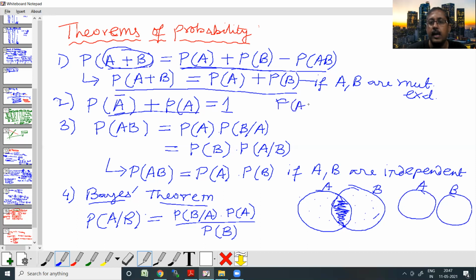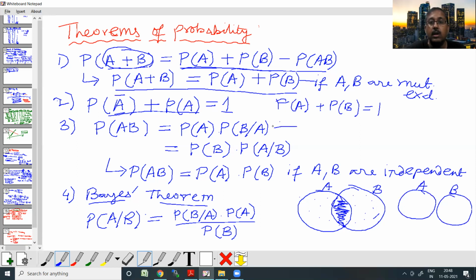P of A plus P of B is equal to 1 when A and B are mutually exclusive as well as exhaustive. So when A and B are complementary, obviously they are mutually exclusive and obviously they are exhaustive, right? So that's why PA plus PA complement is equal to 1. So that's another theorem.